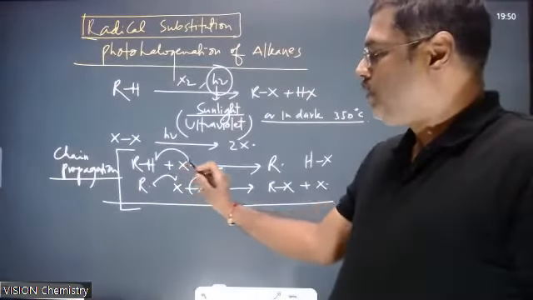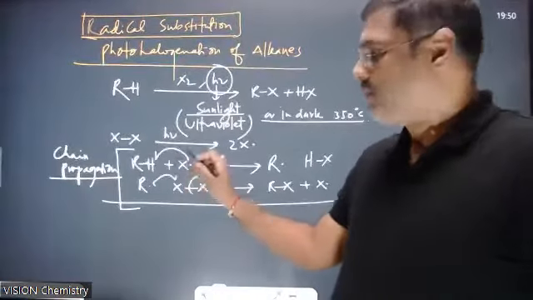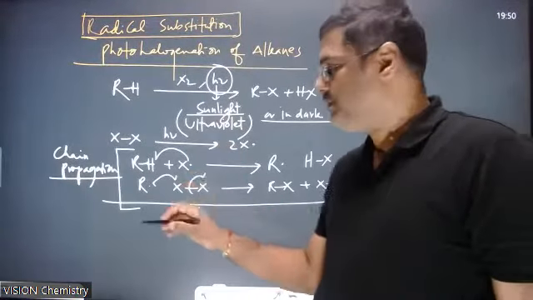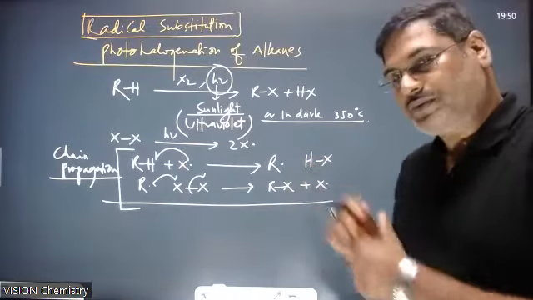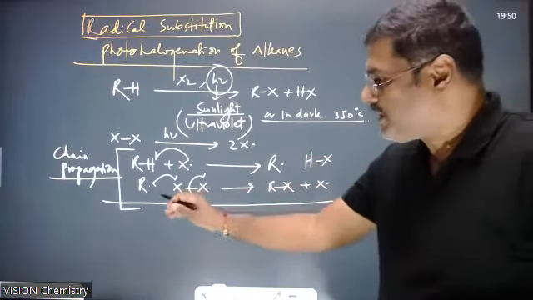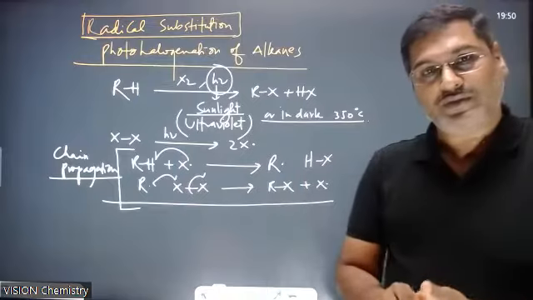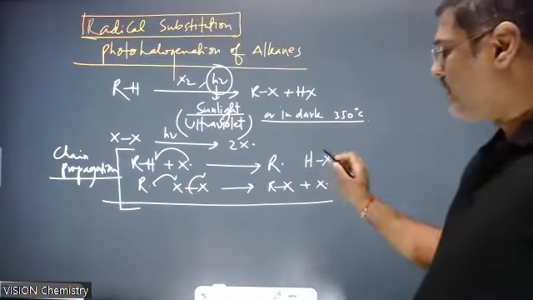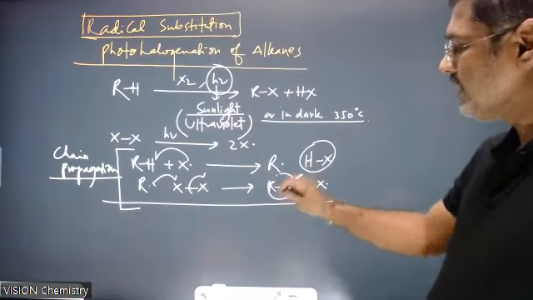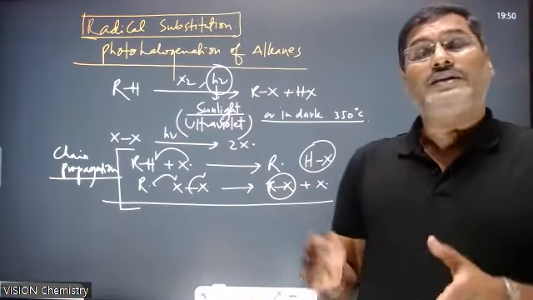Here, one free radical, the halogen atom X, disappears and a new free radical, the alkyl free radical R, forms. That disappears and a new halogen atom free radical forms. These steps get repeated, and you are getting HX and RX. This is the way RX and HX form.